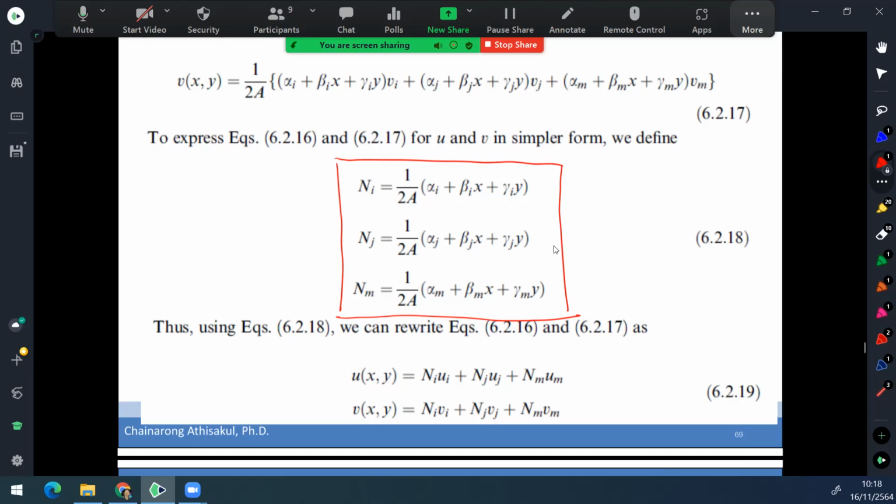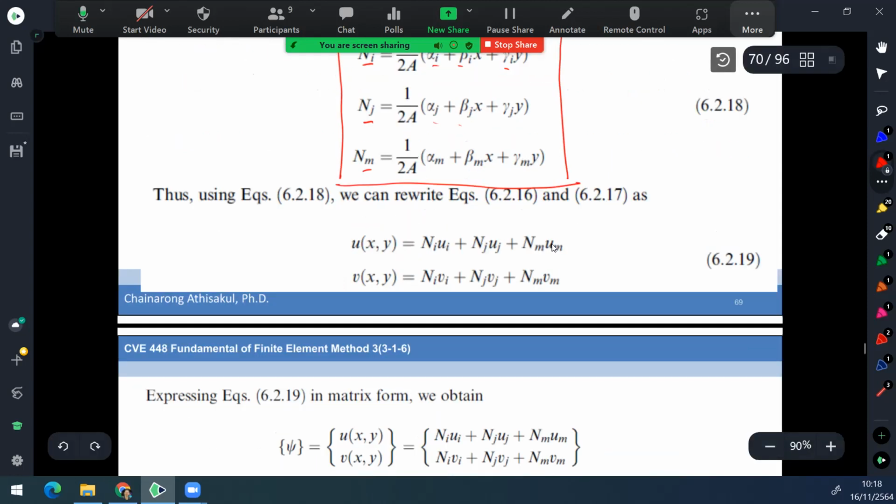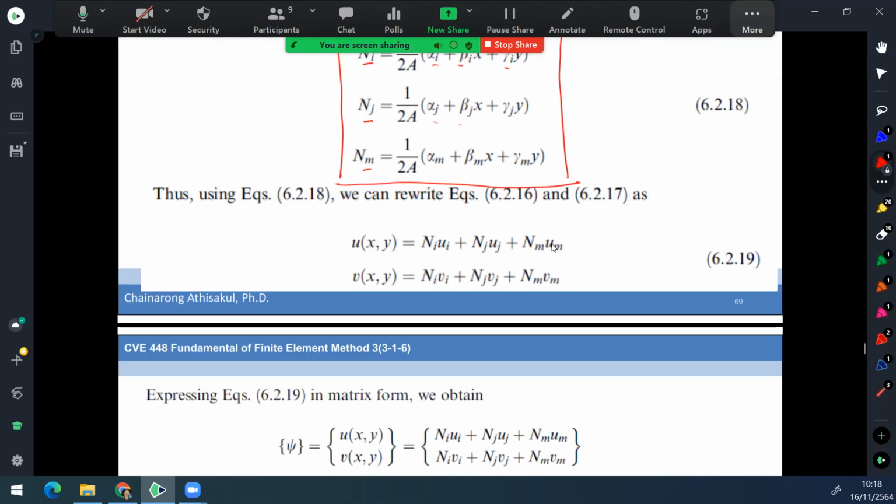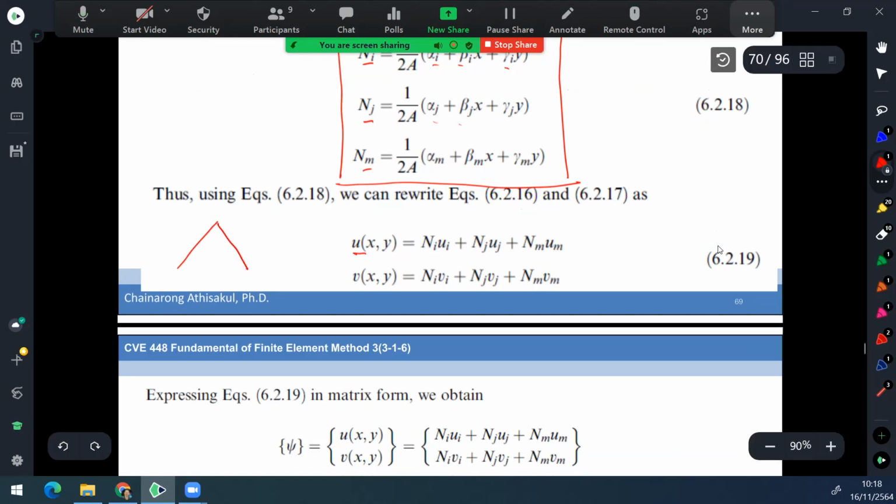The shape function is defined by Ni, Nj, and Nm with alpha i, beta i, and gamma i, and alpha j, beta j, gamma j. What does it mean? It means that, same as the one-dimensional case, if we know the displacement at the nodes, we can determine the displacement inside of the element.